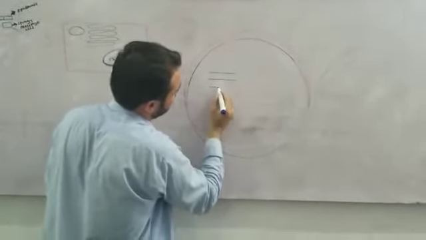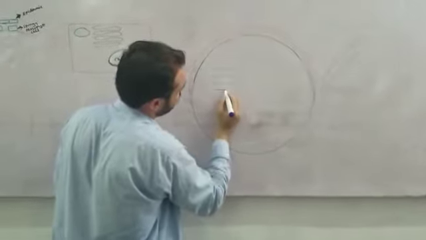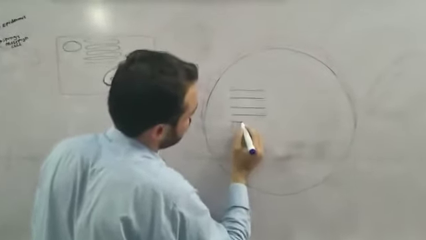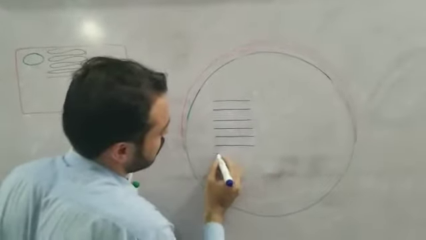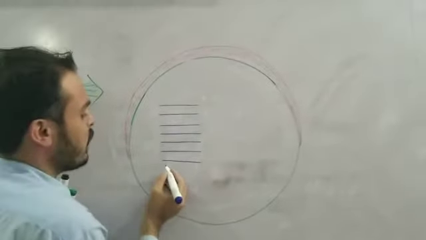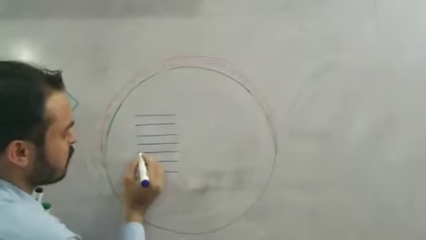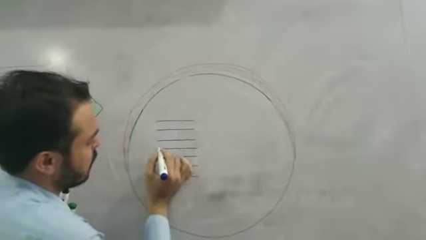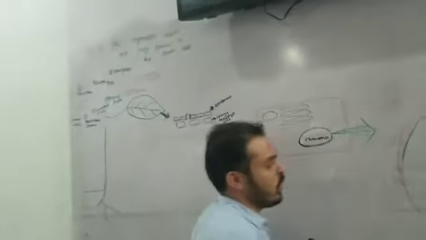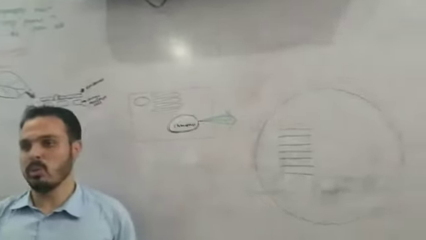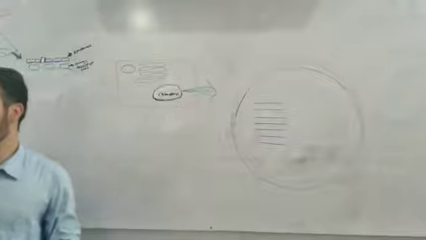They are called thylakoid membrane. These are the membranous structures, and one of the membranes is called thylakoid membrane.